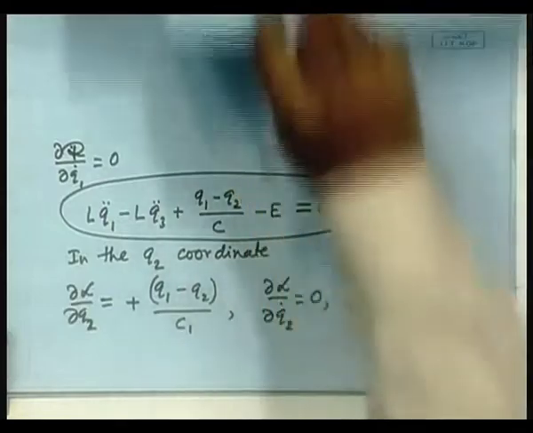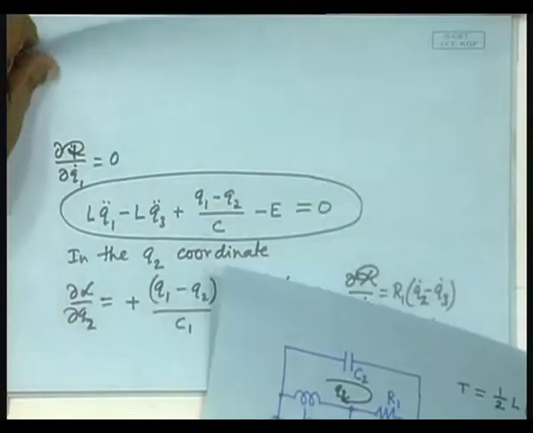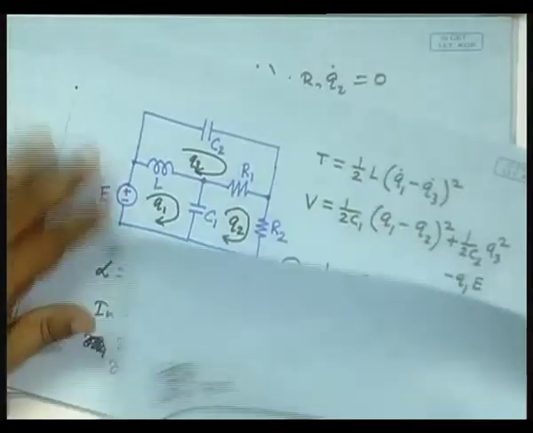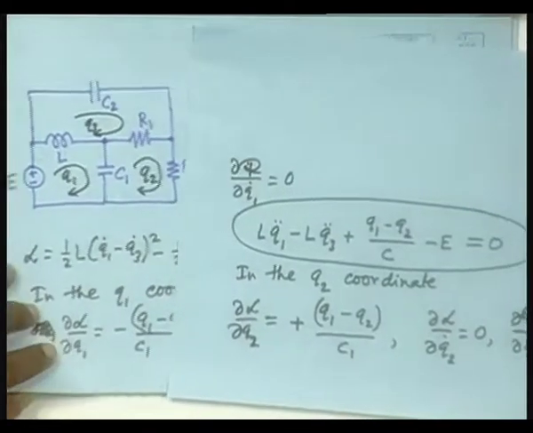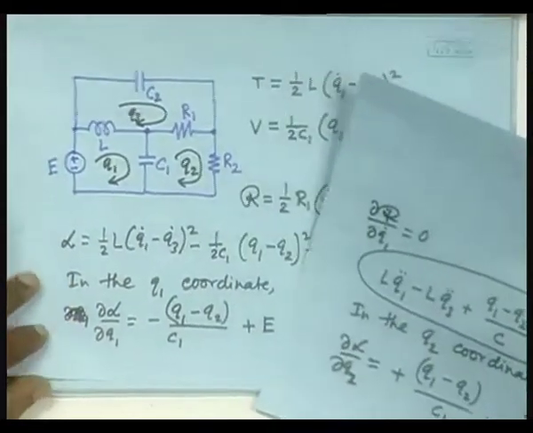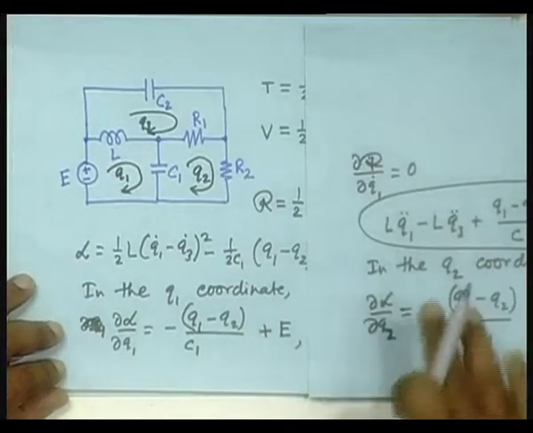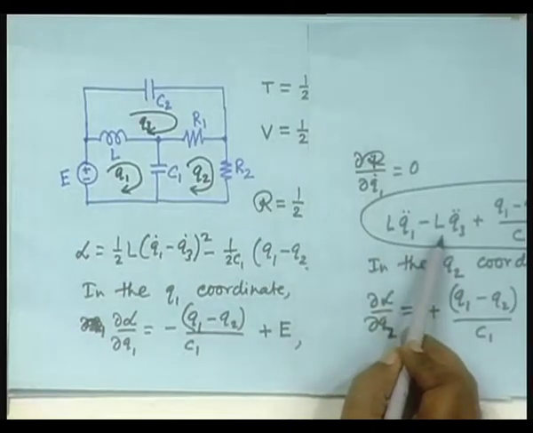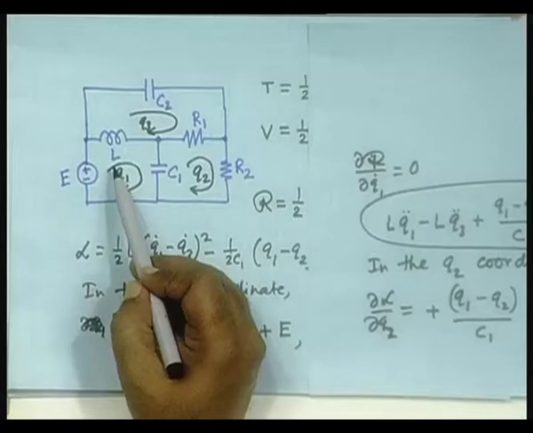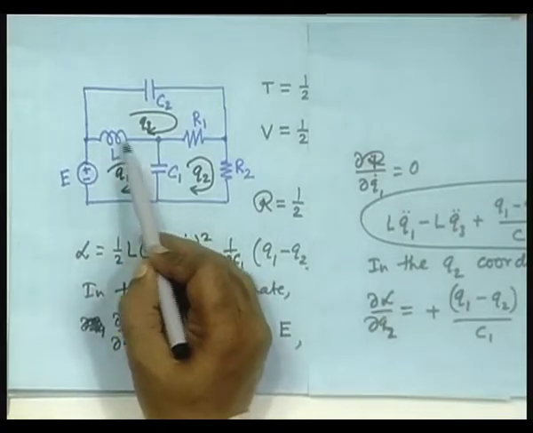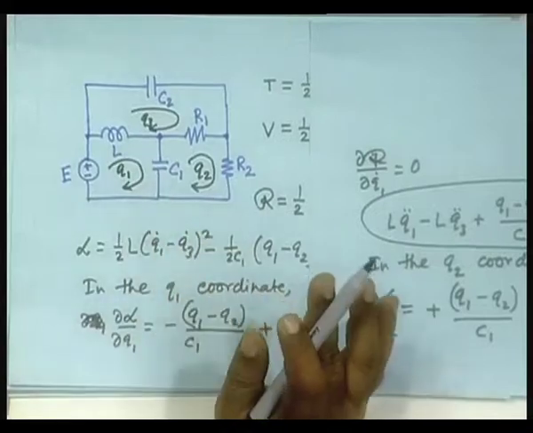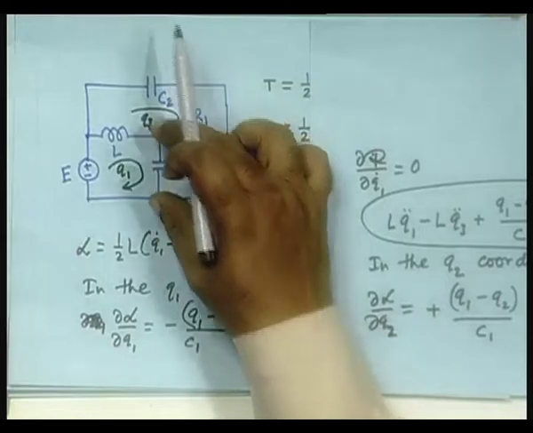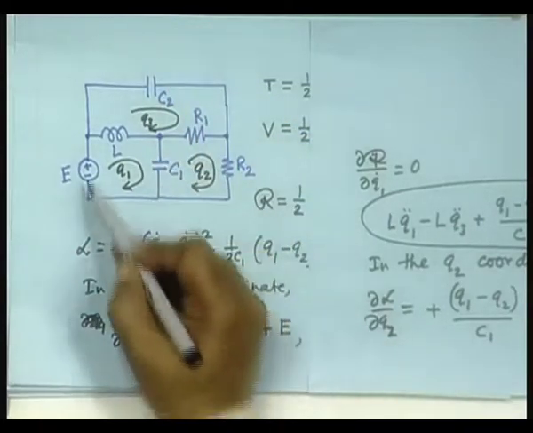Look at this circuit and you have already written it down. So, what does it say? L q1 double dot minus L q3 double dot. So, it is actually L di/dt, where i is q1 dot minus q3 dot. Here is the voltage across the capacitor, q by C, and here is the E.